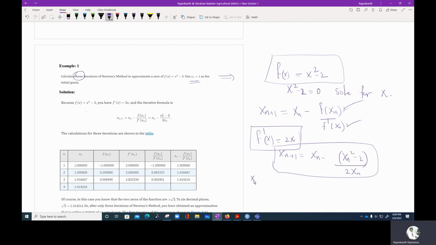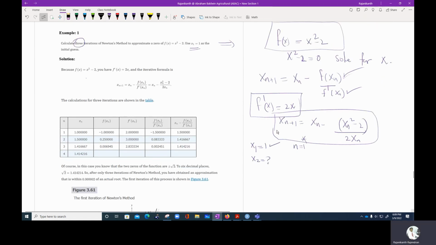You know now the initial guess x1 is 1. By using this, you have to find x2. How do you find x2? Use this formula, simply plugging n equals 1 in your formula, and you will find x2.